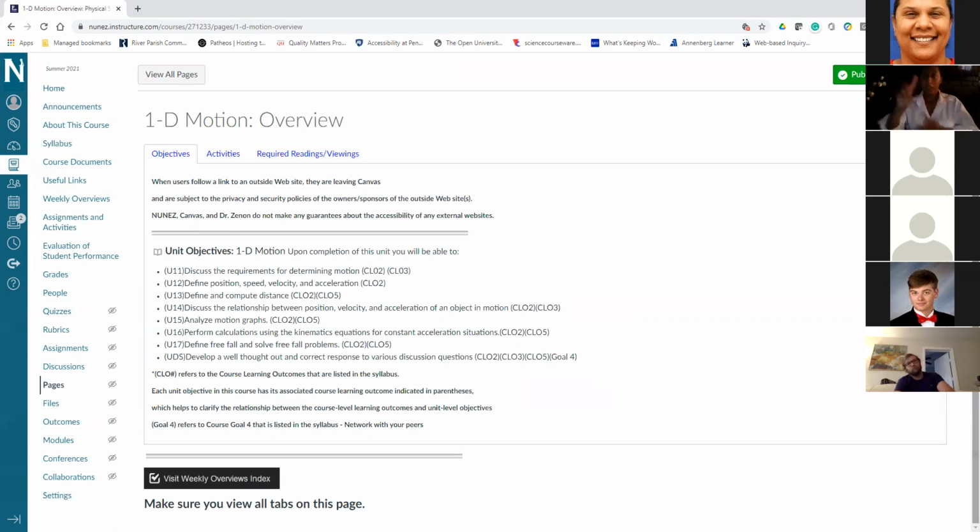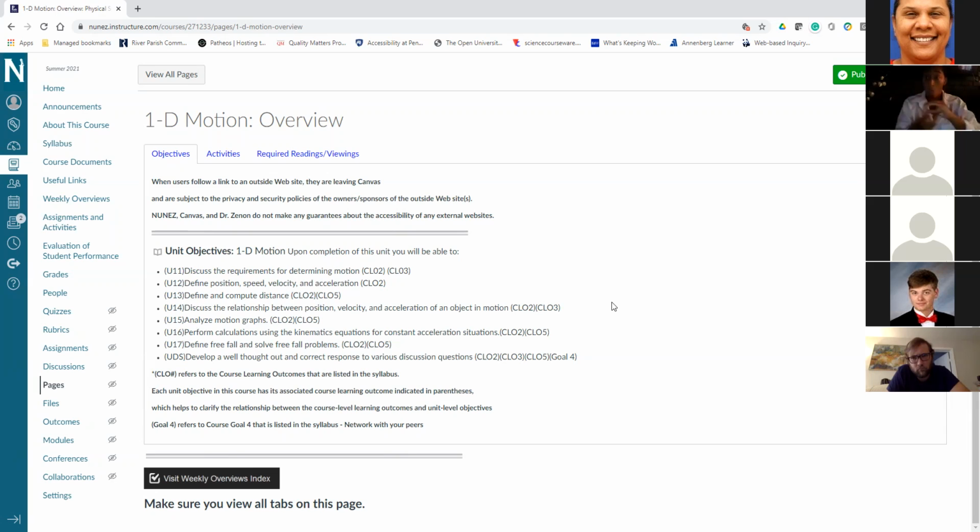As I mentioned, we're starting our study of motion. Let me make the connection between last week's stuff on how we do things in science and measurement, in particular measurement, right? Because now what we're going to be doing is using the concepts that we came across regarding measurement to help us quantitatively describe a moving object.